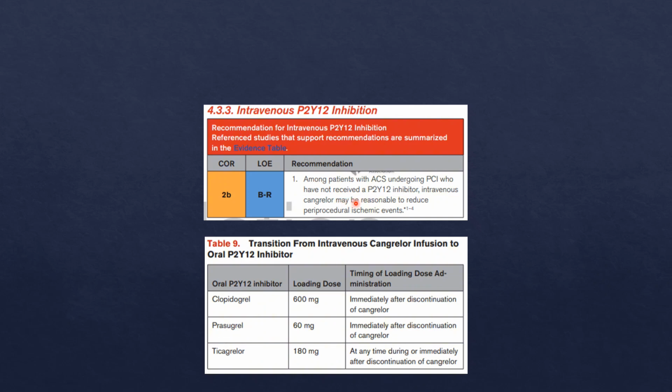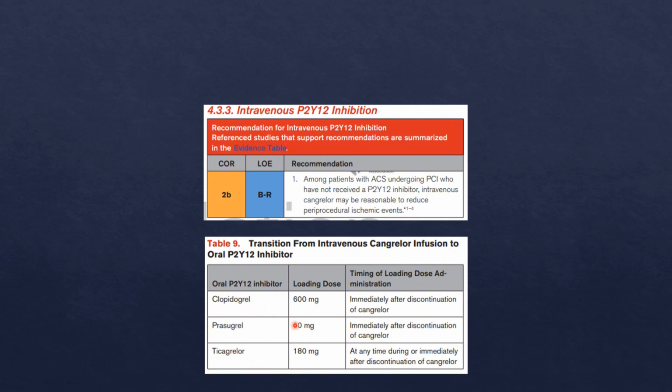And this table shows a transition from intravenous cangrelor to oral P2Y12 inhibitor. Clopidogrel must be given with the loading dose immediately after discontinuation of cangrelor. Prasugrel similarly must be given in a loading dose of 60 mg after discontinuation, and ticagrelor in a loading dose of 180 milligram, and it can be given at any time during or immediately after discontinuation of cangrelor.